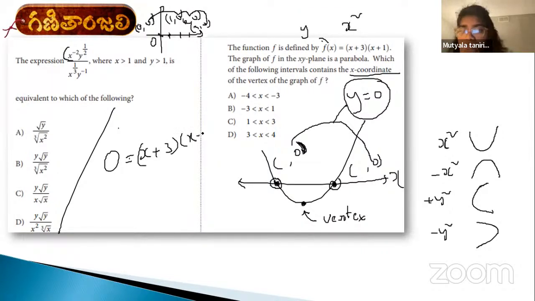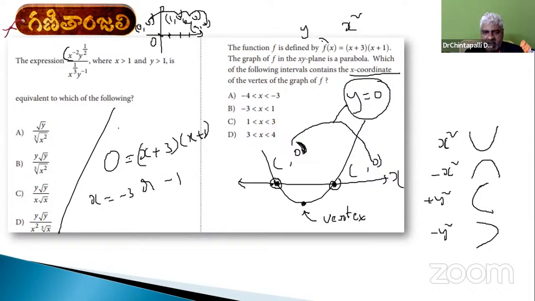So 0 equals (x plus 3) times (x plus 1). What does it mean? x equals negative 3 or negative 1. That means coordinates of these points are negative 3, 0 and negative 1, 0. The vertex must lie somewhere between those 2 points.